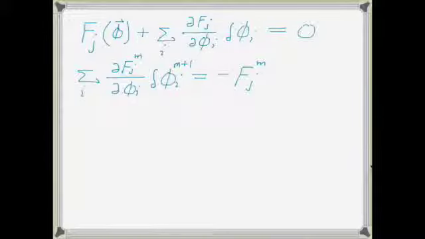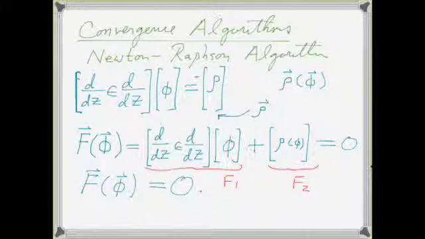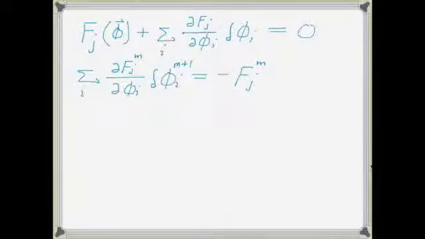Those are the two pieces of F, right? Call them F1 and F2, and now we've got to take that derivative, dF, d phi. We've got to take them each independently. Well, first we'll do F1. That's actually the easy one.